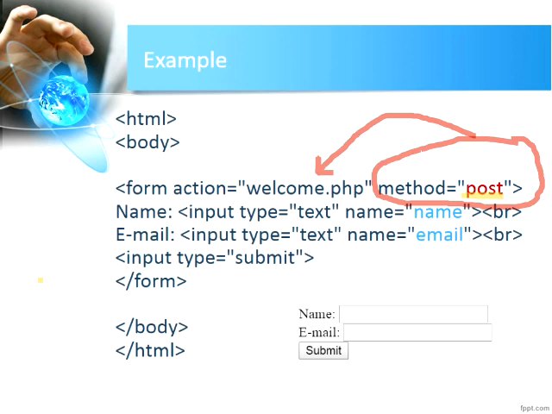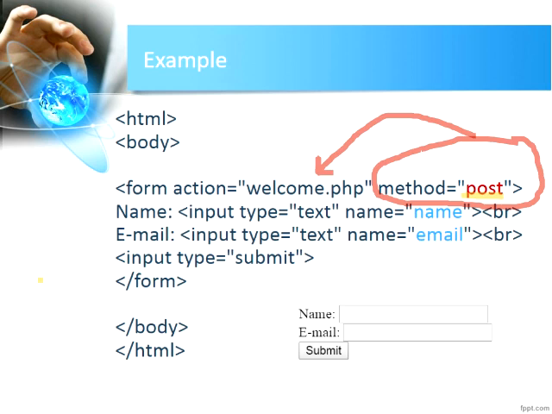Otherwise, in the URL we find http with name equal SEU and email equal SEU@edu.sa. If we don't have a problem with the display of these values, we can use method equal get.